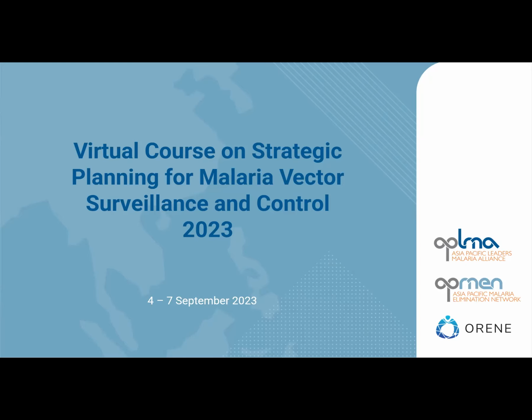Each year, well over 50% of the malaria budget worldwide goes towards vector control. But effective vector control depends on effective vector surveillance. So we're very fortunate to have an absolute expert available to teach us about all the various elements that go into vector surveillance and control and how to strategically consider these different elements for an effective control approach.